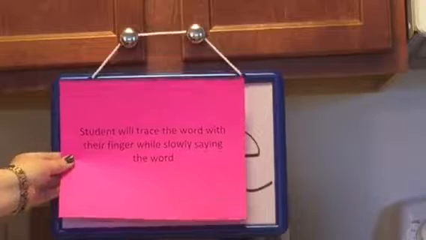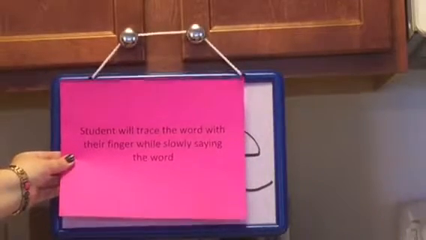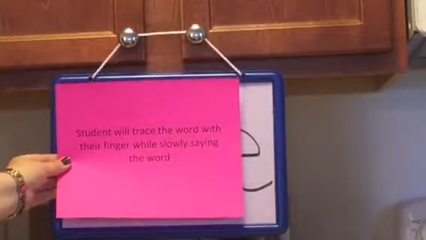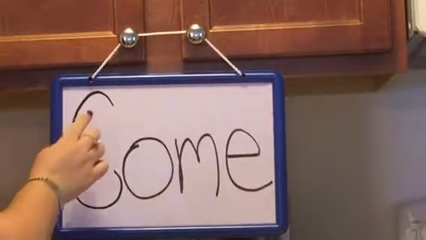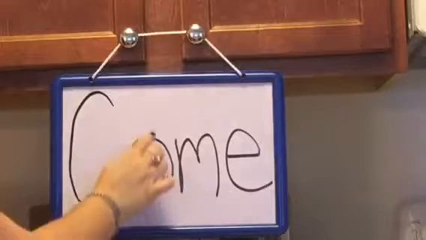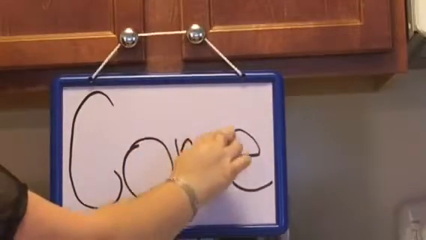Come. Now you're going to have the student trace the word with their finger while saying it slowly. Sally, can you trace the word come for me with your finger? Come. Sally, you just traced the word come with your finger.